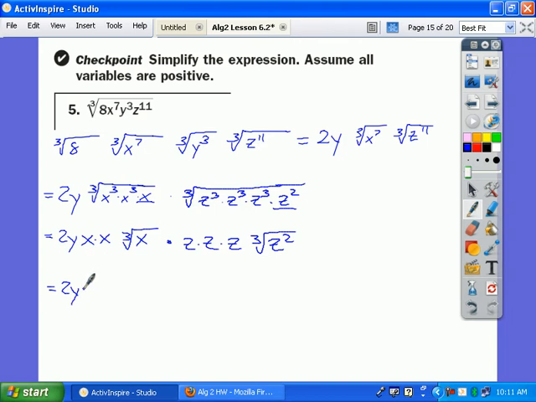We have 2y x squared, I have z cubed, and then I have the cube root of x times the cube root of z squared. Since these are both cube roots, they can be combined under the same cube root. And so our final answer here is 2y x squared z cubed times the cube root of x z squared.